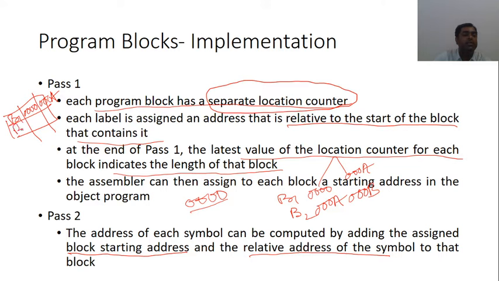And then block 2. What is the size of block 2? 000B. What is the starting address of block 2? That is 000A. Just add these values, you will get the starting address of another block. After this, suppose there is another block B3, just add this value, you will get the starting address of block B3.